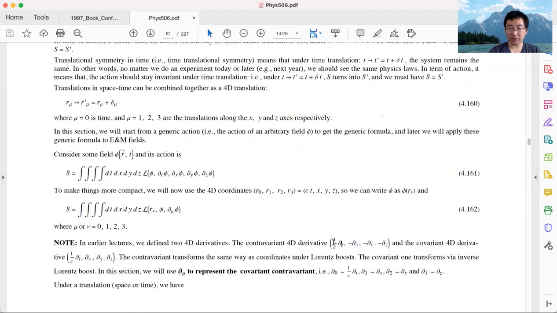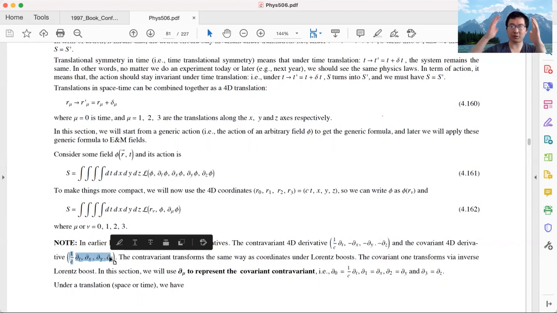The reason we mostly use this one is because this one transforms the same way as 4D coordinates. For example, when we do a Lorentz boost, this guy also follows the same Lorentz boost matrix. So most of the time we are doing this one. The other one is also a kind of 4D vector, but it follows the inverse Lorentz boost.